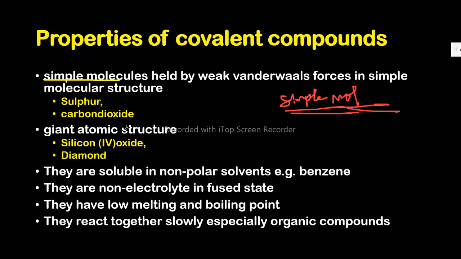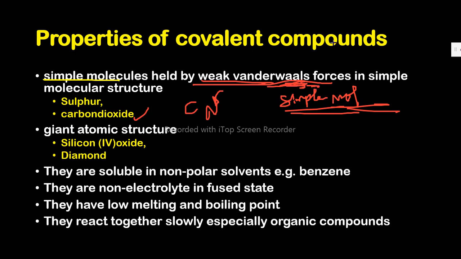So for the simple molecules such as carbon dioxide, chlorine, ammonia, what else? Now for this one, we shall see. They are held by just weak van der Waals forces of attraction. And we shall talk about van der Waals forces of attraction and see what they are in detail.